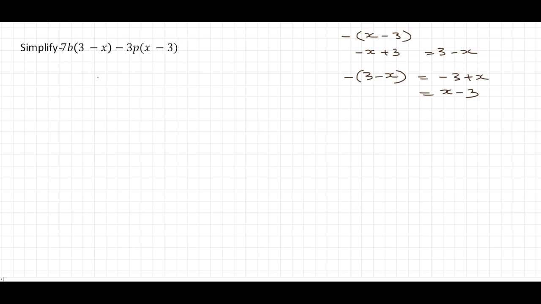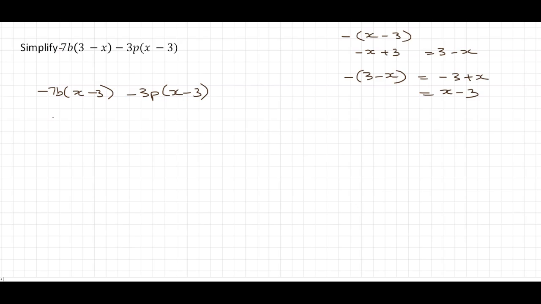Okay, so I'm going to show you two different ways of doing this. So negative sign here. If I put a negative sign in front of this, I now have negative 7b of x minus 3 minus 3p x minus 3.